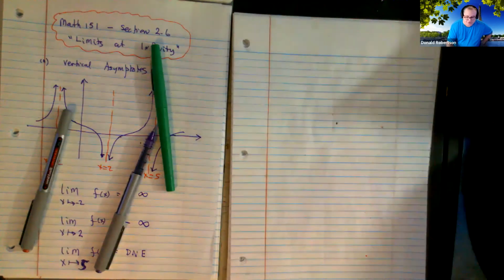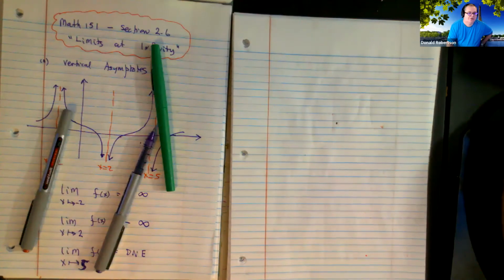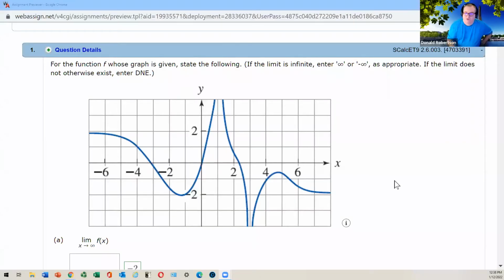So I'm now going to show you a homework question. It's very visual. No need to draw pictures. And we're going to look at just vertical asymptotes. So hopefully you are looking at question 1. Is that what you're seeing right now? What is the overall limit as x tends to 1 here?